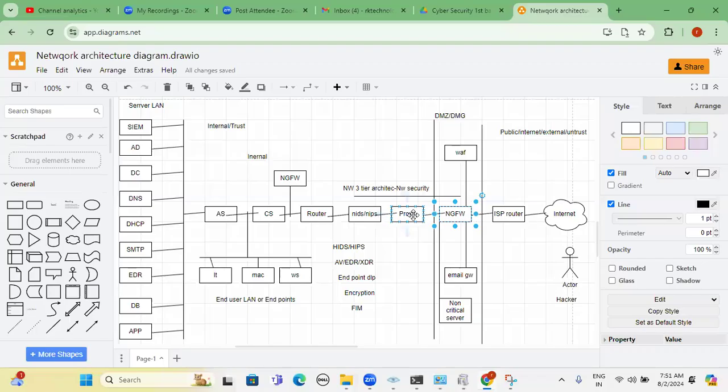What the proxy will do: whenever any end user is trying to access any website located in the external or untrusted zone here, that request will always go via the access switch, core switch, router, NIDS, NIPS, proxy, and the proxy will validate whether the end user is accessing a malicious or non-malicious website, legitimate or illegitimate.